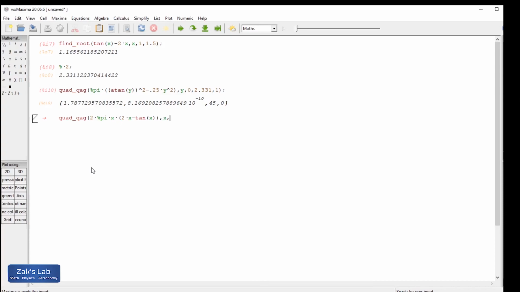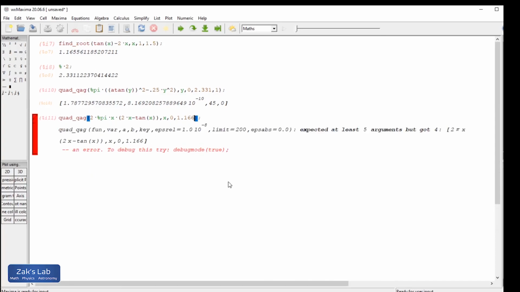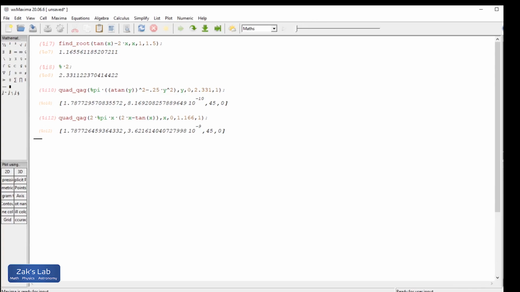So x goes from 0 to 1.166. Let's round it there. Oops, I forgot to put in which algorithm to use. You could choose any number from 1 to 6. So I put in 1, and I get a volume of 1.787, or I could put in 1.788 as my rounded answer.